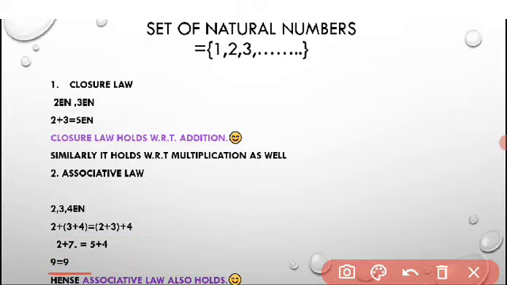This shows that associative law holds with respect to addition and multiplication. This means that the set of natural numbers is a semi-group. We know that if closure law holds, then that set is a groupoid, and if associative law also holds, then the non-empty set is called a semi-group.